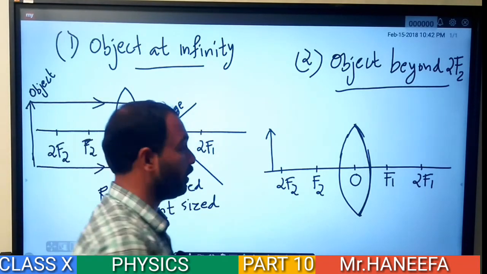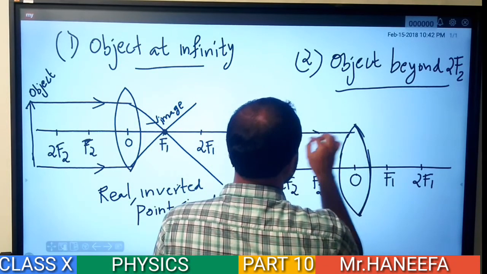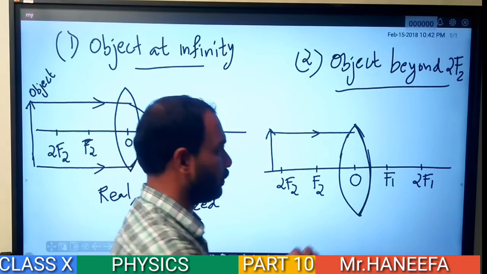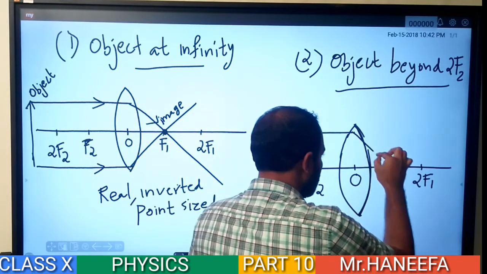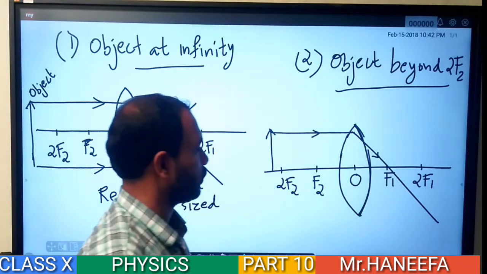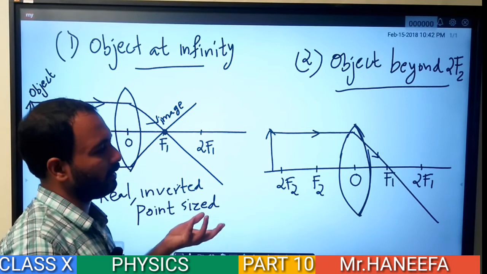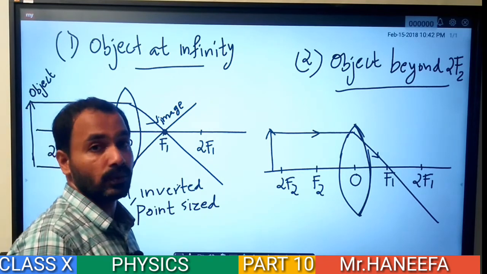So we can use first rule. What is the first rule? A ray parallel to the principal axis, after refraction, passes through the focus. Next, we can use any one of the other rules.